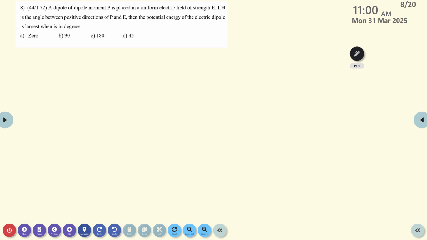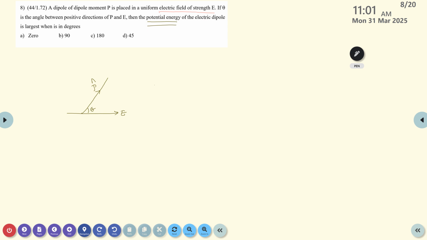Already we did that. Okay. A dipole of dipole moment P is placed in a uniform electric field of strength E. If theta is the angle between the positive direction of P and E, then he is asking for the potential energy. It is like this. This is your electric field and this is the dipole moment, the positive direction.